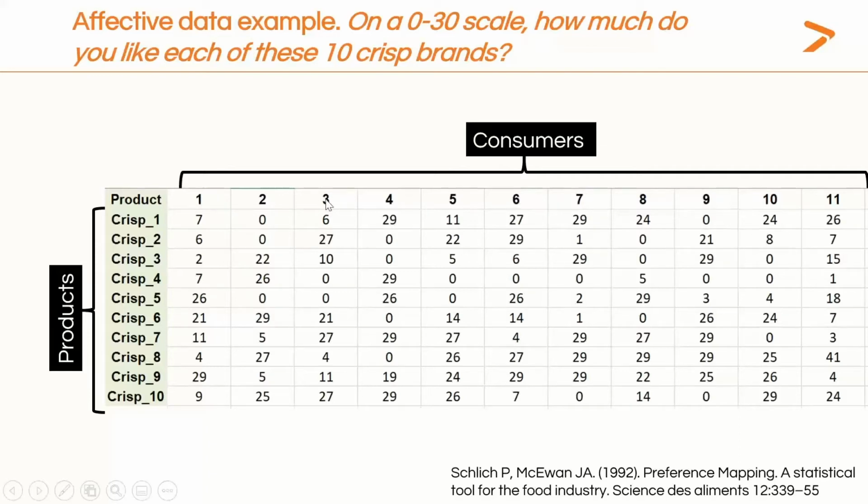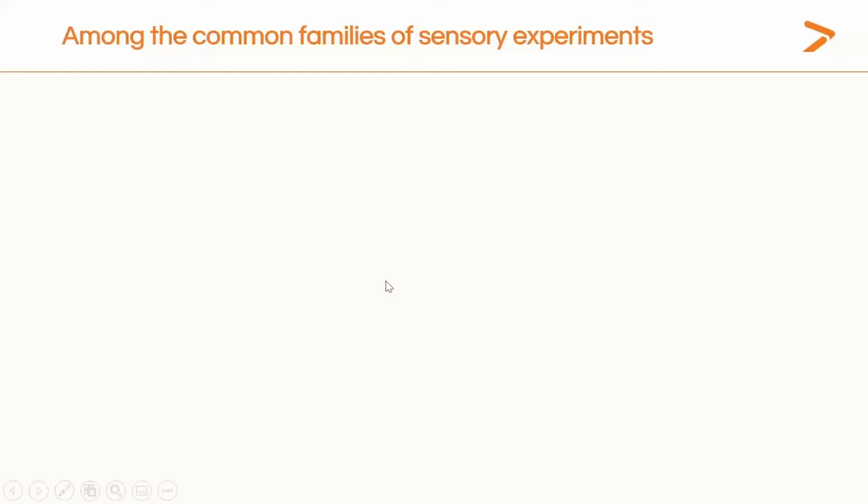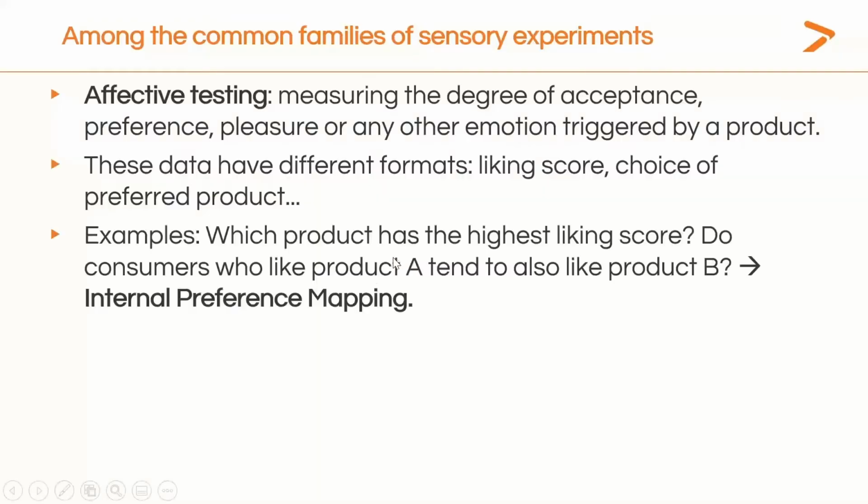So we see that consumer number 3 rated crisp number 2 with 27. So consumer number 3 pretty much likes crisp number 2 and crisp number 7 and crisp number 10, but doesn't like crisp number 4 and number 5. Okay. We'll be using techniques to dive into this complex data set. Among the techniques that we'll use, we'll talk about internal preference mapping.